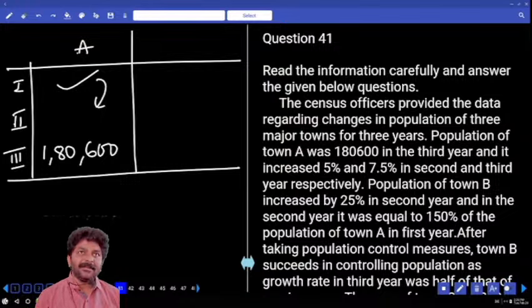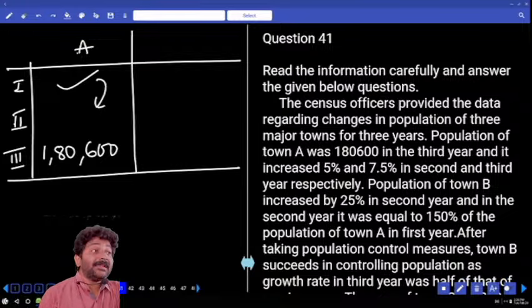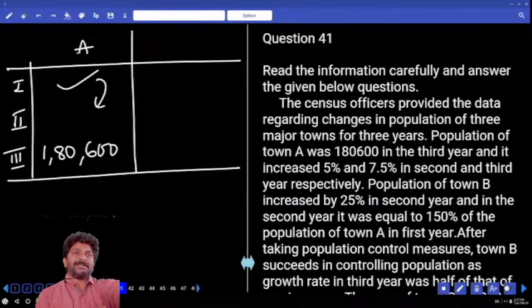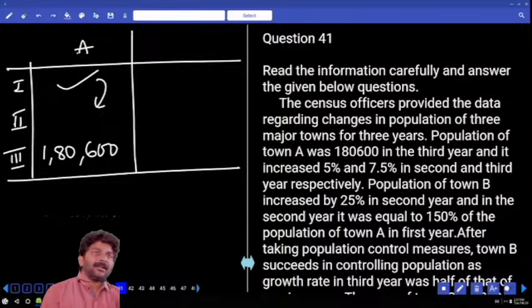Can you do that? But is this the right approach to do in the examination hall? Why? Can't you increase any value by 5%? You can, right? If the first year value is known, the second year is easy.